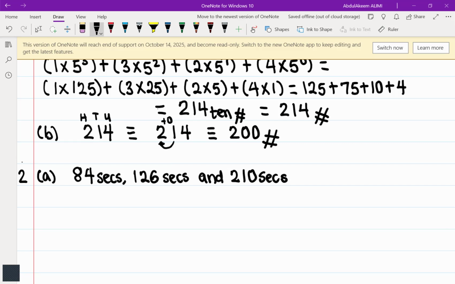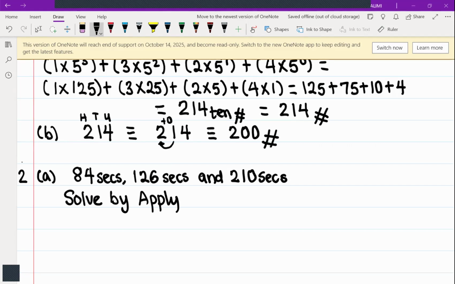So what we have here now, we solve this by applying HCF.